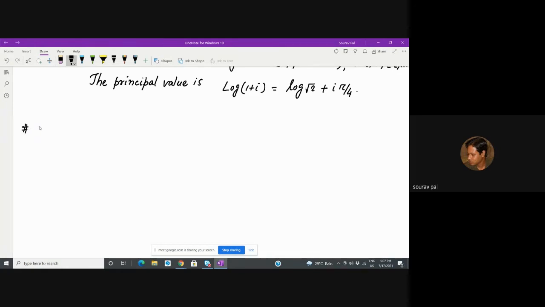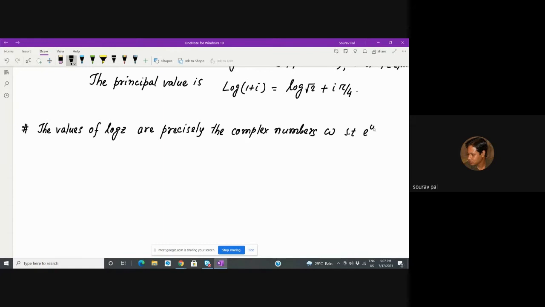The values of log z are precisely the complex numbers W such that e to the W is equal to z.